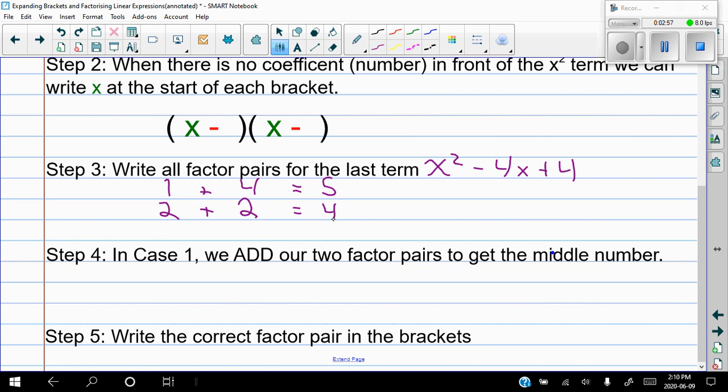We are just looking at what number we can get. Well, we want the 4, so we know that it's going to be 2 and 2. So at that point, we're done. The only thing that we can do to take it one step further, and this is not a necessity right now, is notice that they're the same bracket, so we can write x minus 2 squared, just like when we were expanding.